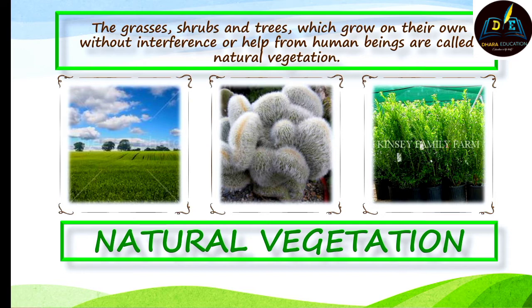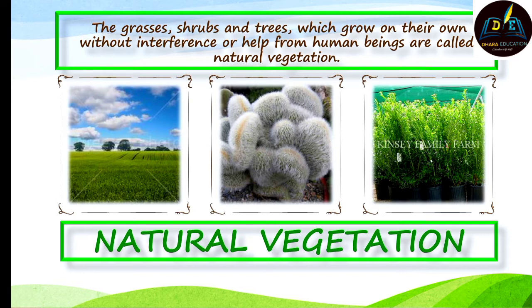So students, as you can see on the screen, these three images resemble natural vegetation. In the first picture, it shows big grasses, like a farm area with trees and a clear sky with white cotton clouds. On the other hand, the second picture is of a cactus.